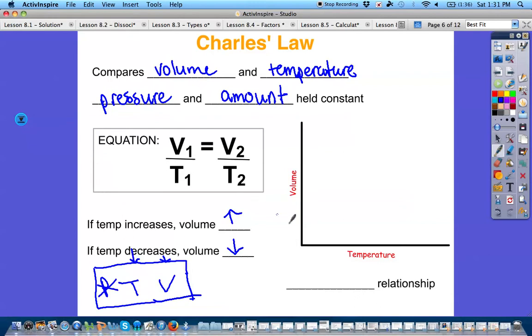So since these variables are both going in the same direction, this is going to be a direct relationship. And so your graph is just going to be a diagonal line going out from the origin. As temperature increases, volume is also increasing. Volume increases, temperature increases.